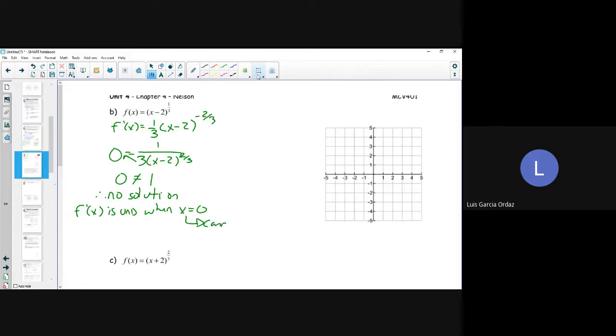We cannot have a denominator equal to 0 because we get an undefined number. Or we don't even get a number, it just becomes undefined.